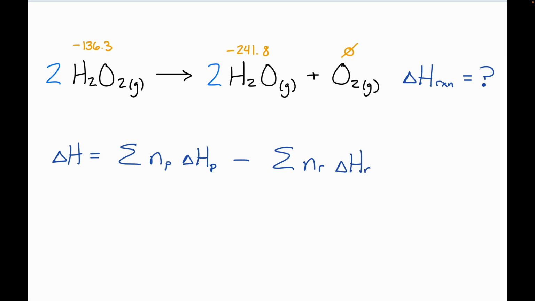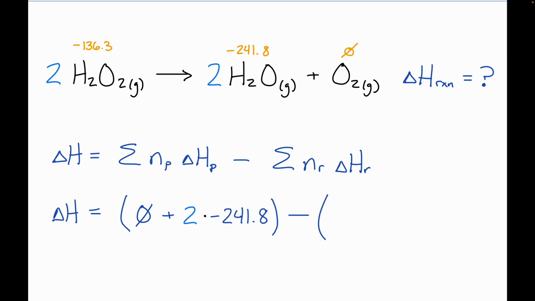Remember, we're going to chant to ourselves, products minus reactants. So I'm going to take the sum of my products. That'd be 0 for oxygen, and then I'm going to do 2 times that negative 241.8, and I'm going to subtract the sum of my reactants. I only got that one reactant, but again, I'm going to remember to multiply it by its stoichiometric coefficient.